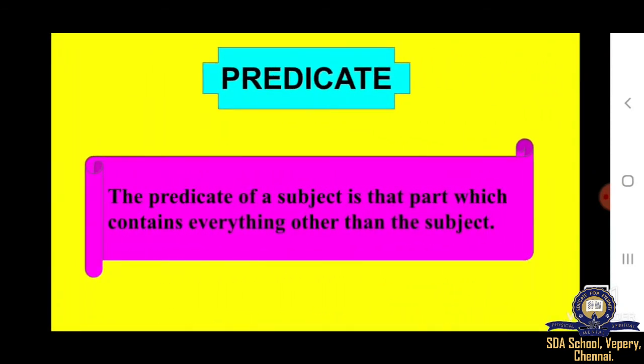The predicate of a subject is that part which contains everything other than the subject. I repeat, the predicate of a subject is that part which contains everything other than the subject.